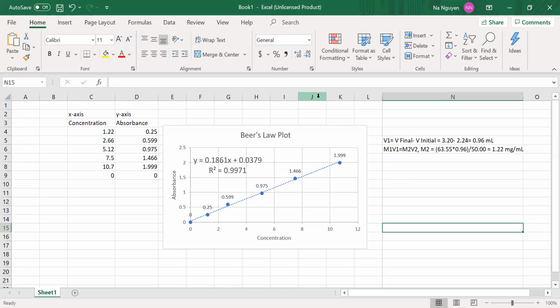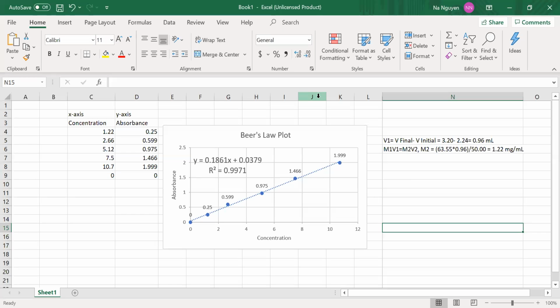So we multiplied the concentration level, the M1 that was given to us, 3.55, by V1, and then we divided it by 50 mLs, which is the known volume, V2. And then we got 1.22, which is the concentration for the first one.